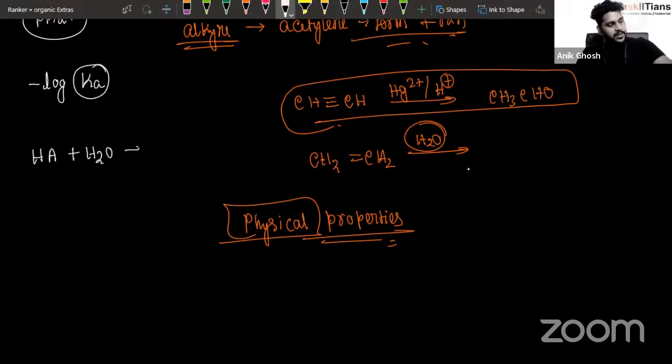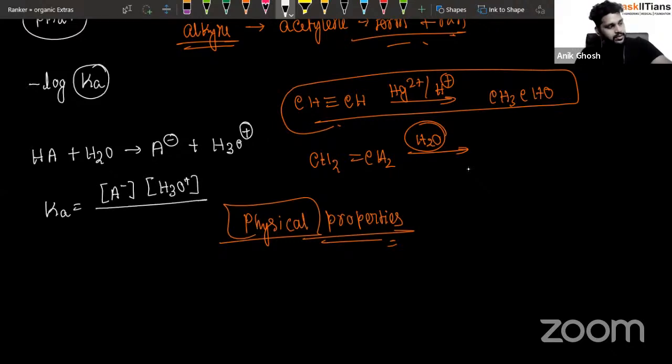What happens is it breaks into A minus and H3O plus. Now what would the equilibrium constant be here? The constant would be the product concentration, A minus, by the reactant concentration, isn't it? Right, this would be the thing.